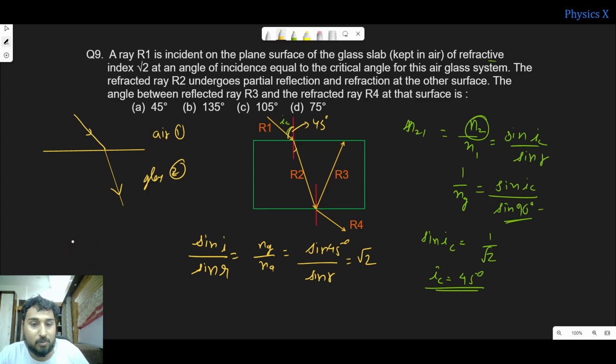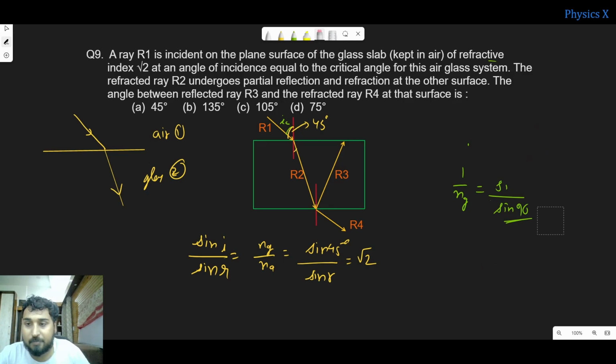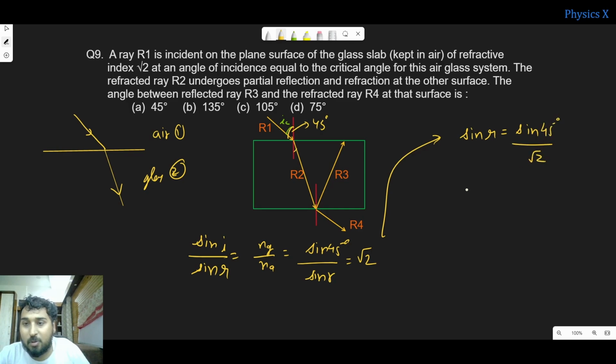So sin 45 degrees is 1 by √2. Let me clear this for you. This is clear, right? So from this I can write sin r is equal to sin 45 degrees by Ng. Sin 45 is 1 by root 2, so 1 by root 2 into 1 by root 2.